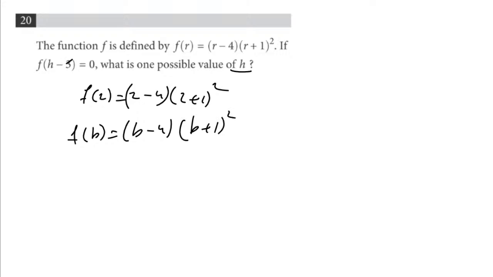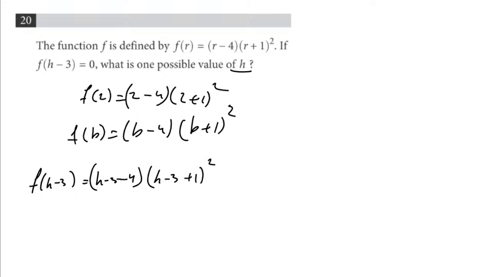So why not do it with the whole value, h minus 3? Let's put h minus 3 instead of r here. So it's (h minus 3 minus 4) multiplied by (h minus 3 plus 1) squared.